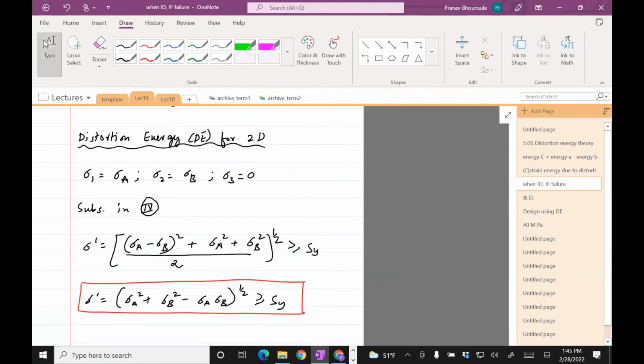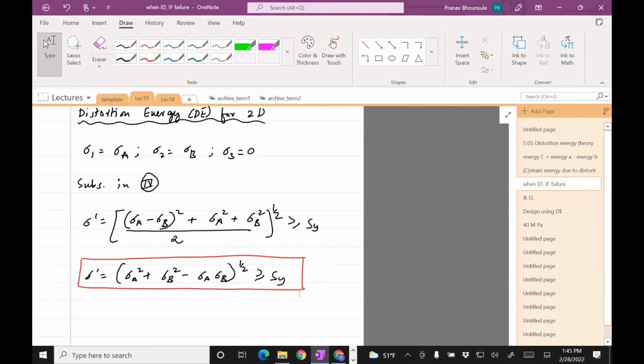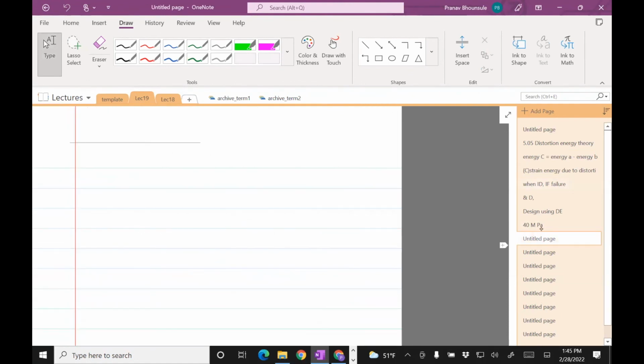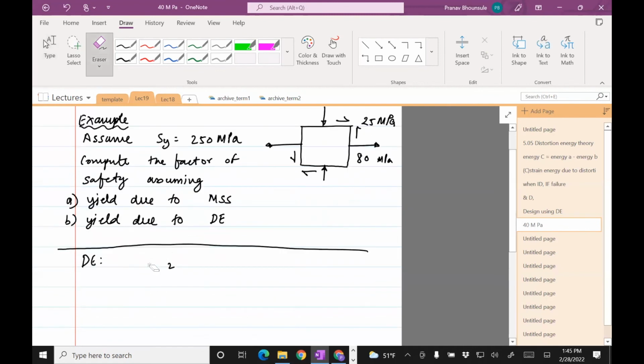Yeah, so for plane stress, I wrote it this way. Let me write it in terms of sigma A and sigma B, where sigma A and sigma B are the principal stresses. So let's be consistent. So sigma A squared plus sigma B squared minus sigma A sigma B, to the half, is the von Mises stress.